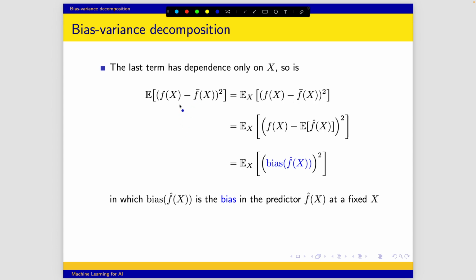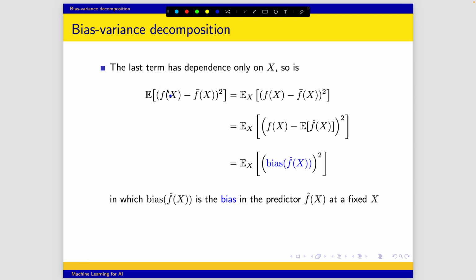And now we're on to the last term. Well, what is the last term? It's the expected value of this square here. What's this? This is deterministic, right? Once we fix x, this is entirely deterministic. So this here depends only on x. This quantity here, for certain, is independent of y, and has dependence only on x.